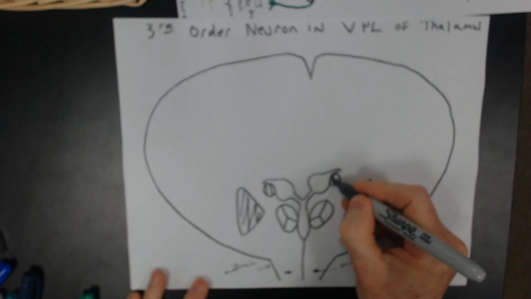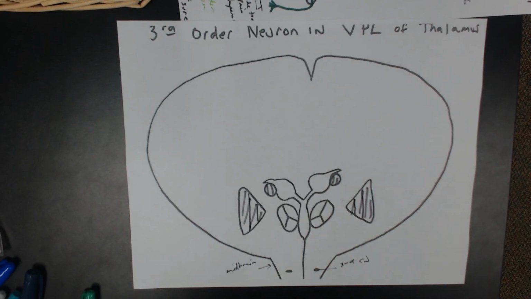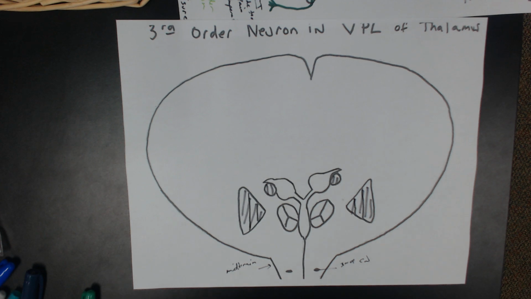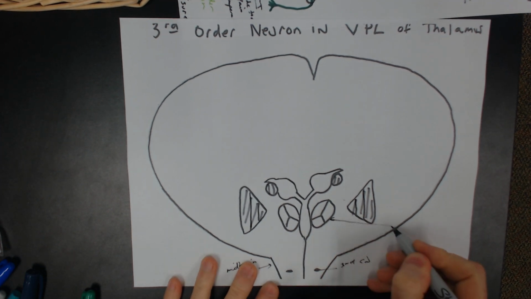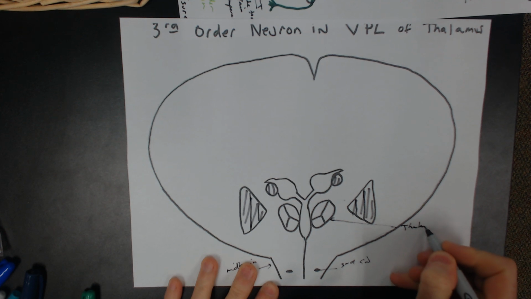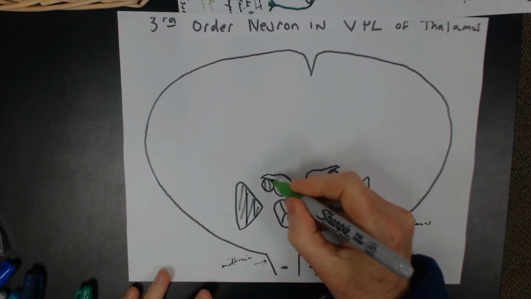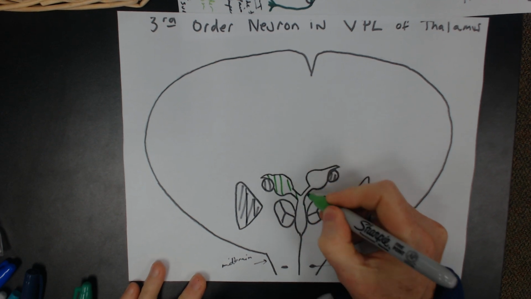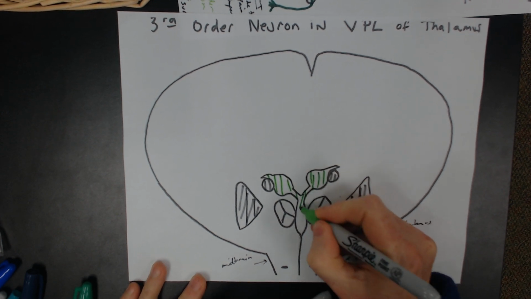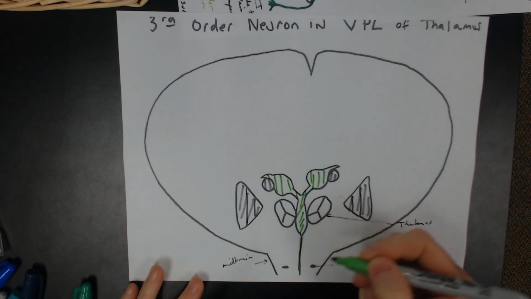We'll talk about them later. Here's my thalamus. As well as ventricles, so lateral ventricles, third ventricle, cerebral aqueduct.